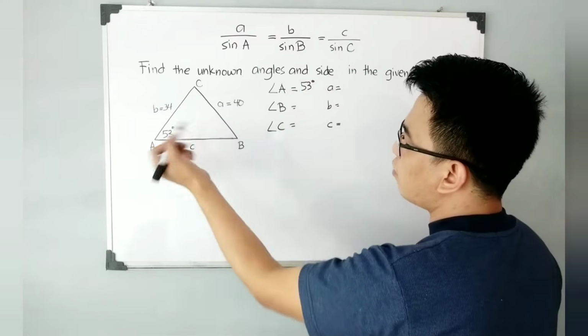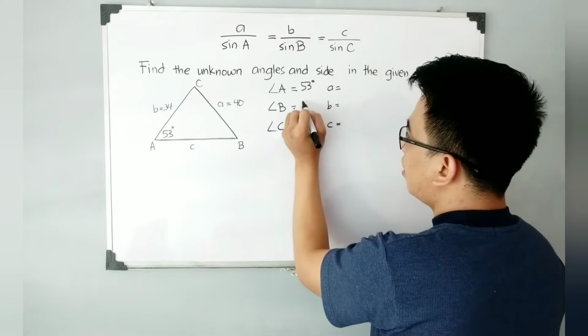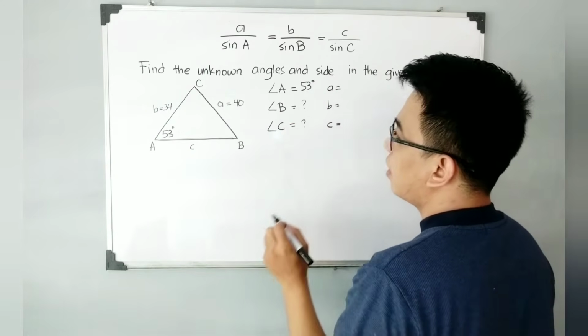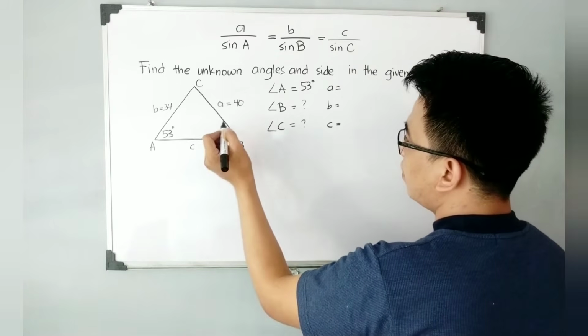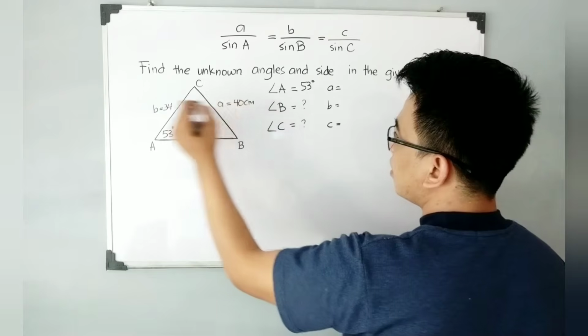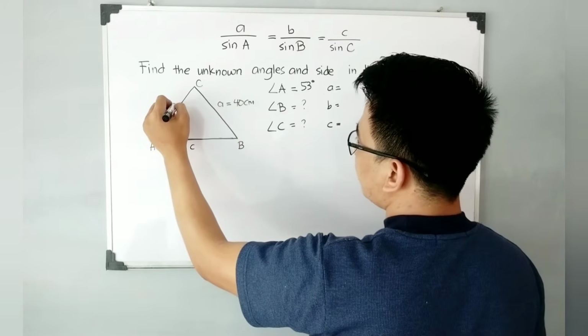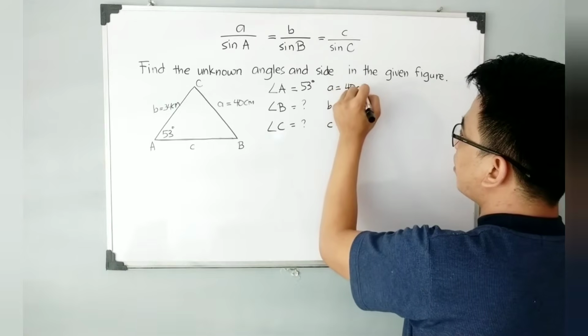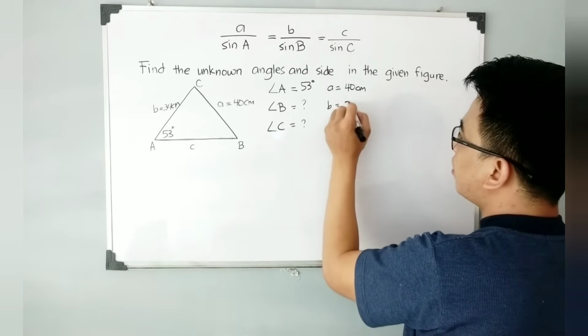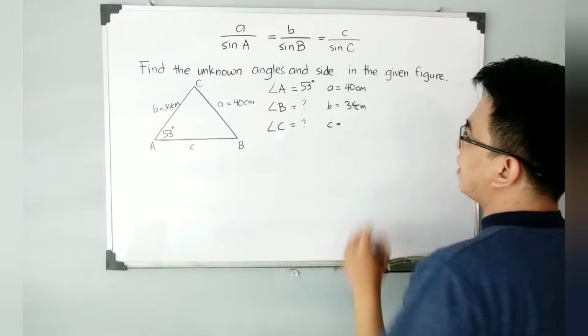At yung angle B natin, kung mapansin nyo, wala tayong label, meaning the two angles are still missing. Sides naman, we have the side A which is 40 centimeters and yung side B natin is 34 centimeters.